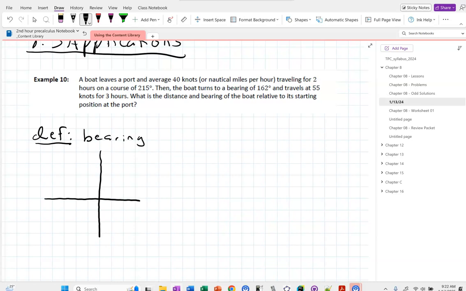When we do a bearing, all bearings start relative to north, and we're going to be rotating clockwise. So 215 is 90, 180, and then 35 more.